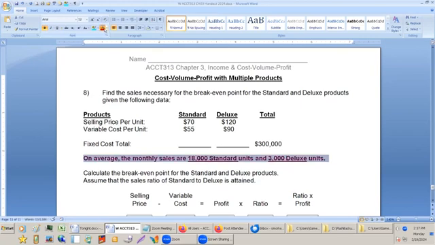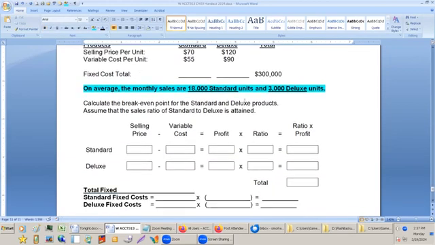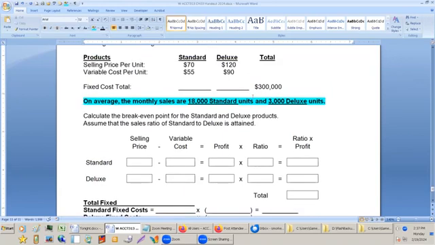This one is a little bit tricky in that they don't give us the ratio. They just tell us what the monthly sales were.